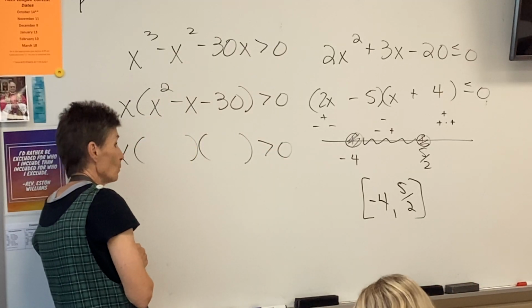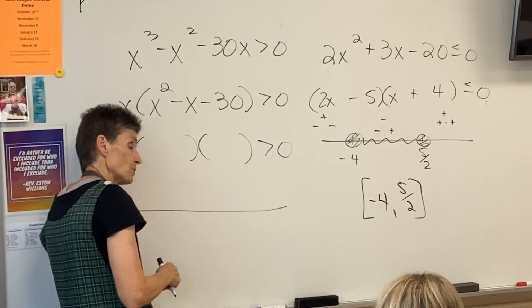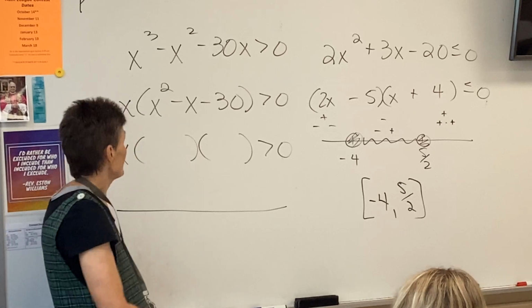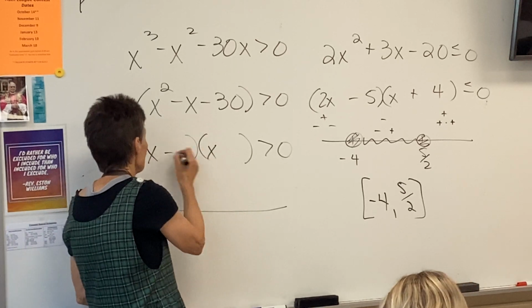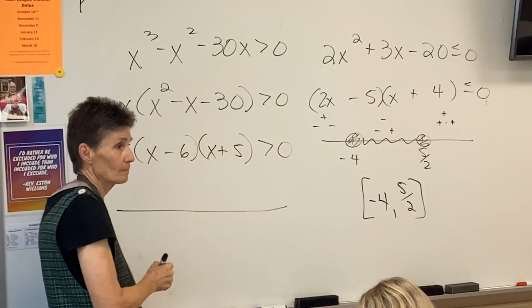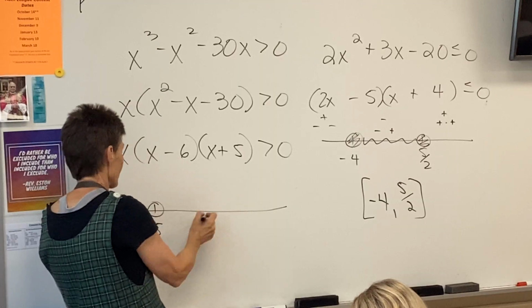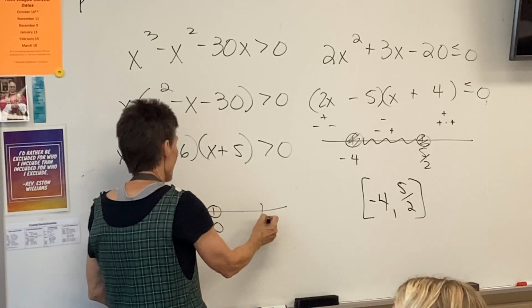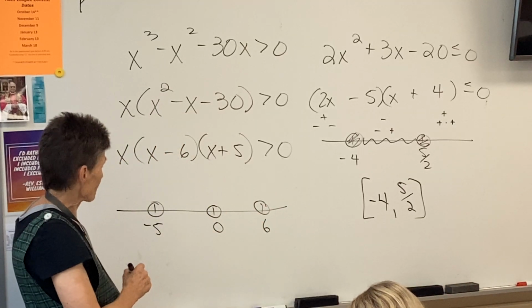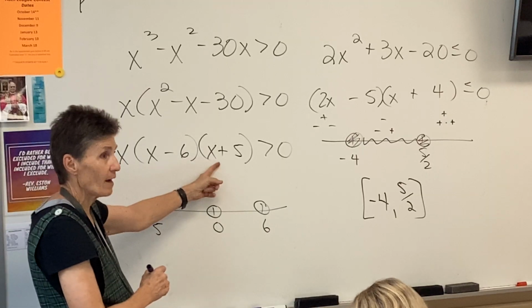Like we said, we need the dots on the number line. Those dots will come from the factors, but they will also come from other methods if we need to do them. So, x, x minus 6 and x plus 5. So this handy dandy number line has 3 dots on it, which isn't surprising. 0, 6, and -5.